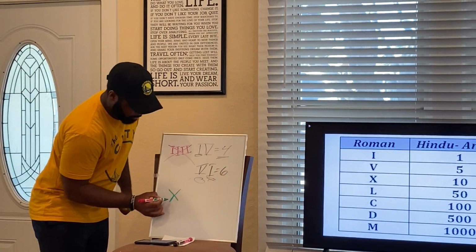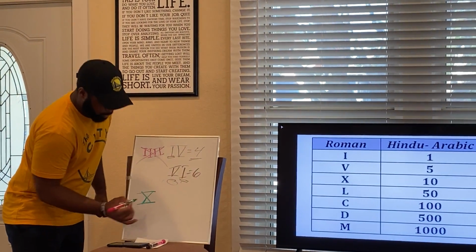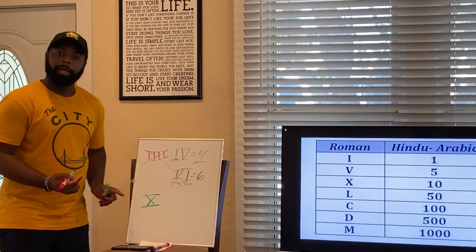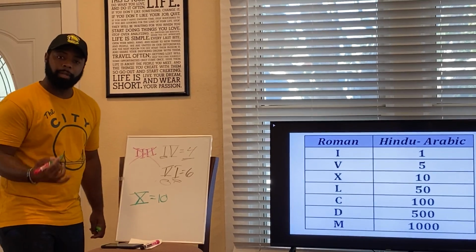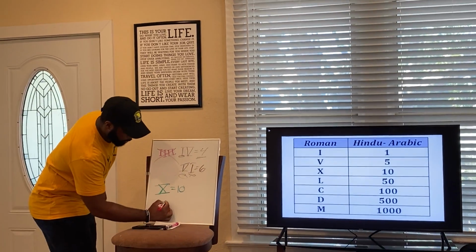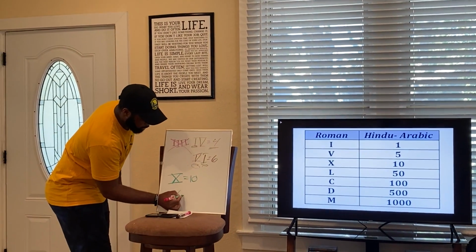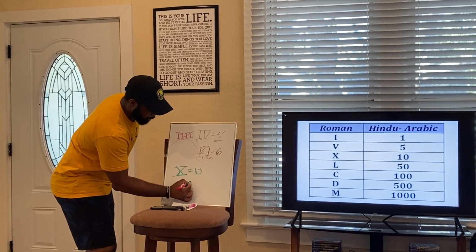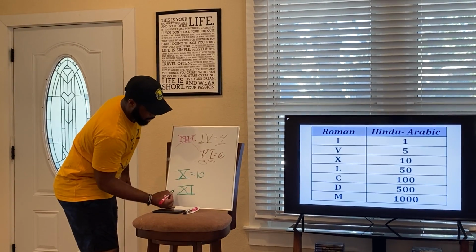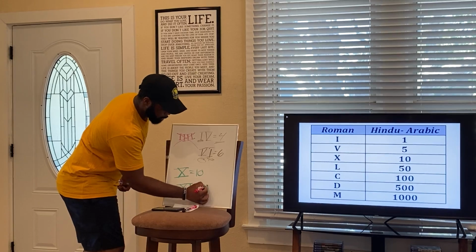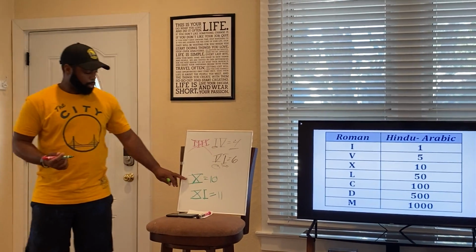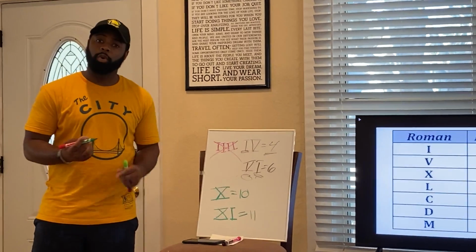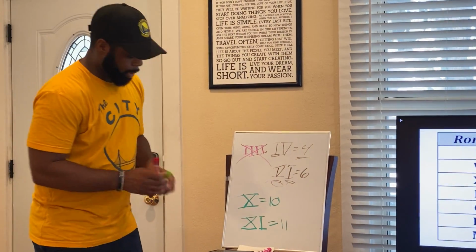I'm not known for my handwriting. Now, this is 10. Now, let's make this 11. How will we go about doing that? We'll just add our 1 right there, or our I. So now that makes it 11. That's our 10 and our 11, and so on and so forth.